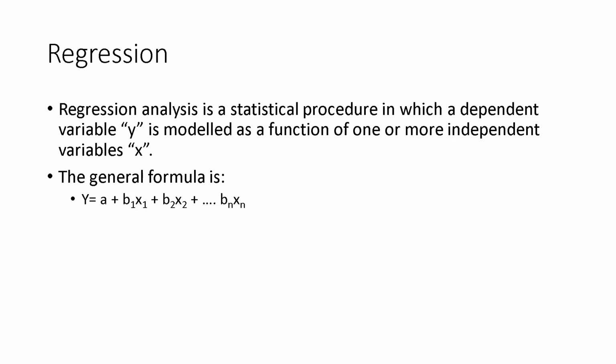A or alpha is the intercept, the value of y when x is 0. b1x1, x1 is variable number 1. b1 is the slope or the regression coefficient for the variable x1, plus b2x2, x2 is variable number 2. b2 is the slope or regression coefficient for the variable x2, and so on. Of course, this formula lacks an error term, or what we call residuals. We will come to that later on.